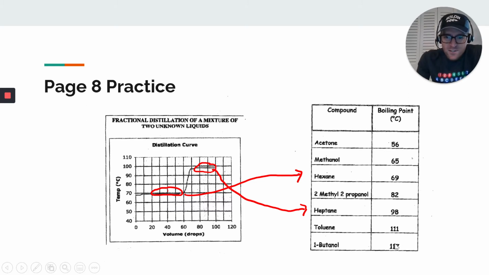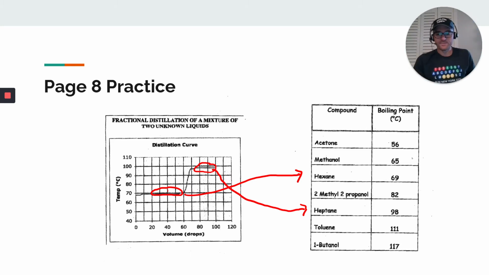And it is, honestly, tough for me to say about toluene or 1-butanol because it's not like we keep heating our mixture. I guess we could assume they're not in our mixture of 2 liquids, but again, we definitely know not 2-methyl-2-propanol because again, at 82 degrees, there is no flat region of our curve.